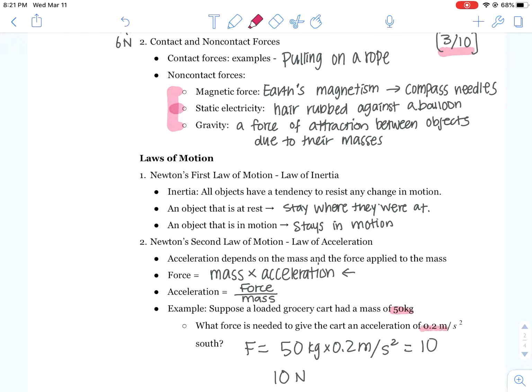And then they give you the acceleration of 0.2 meter per second squared. So all I have to do is to multiply two numbers. And if I do 50 times 0.2, it gives me 10. So my final answer is going to be 10 Newtons. I need 10 Newtons to push something with an acceleration of 0.2 meter per second squared.